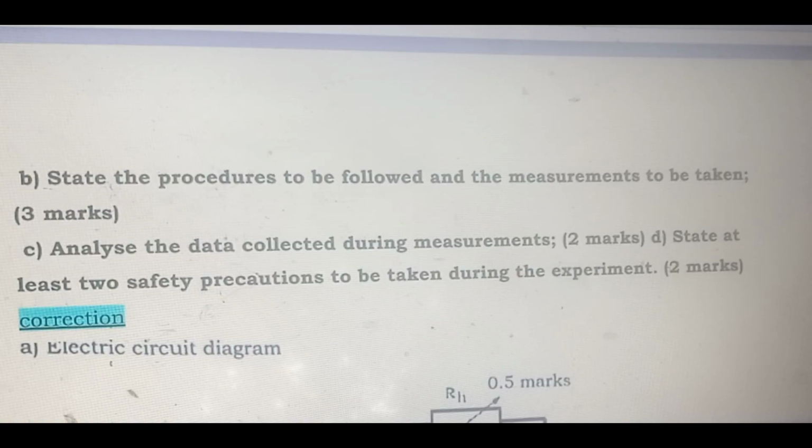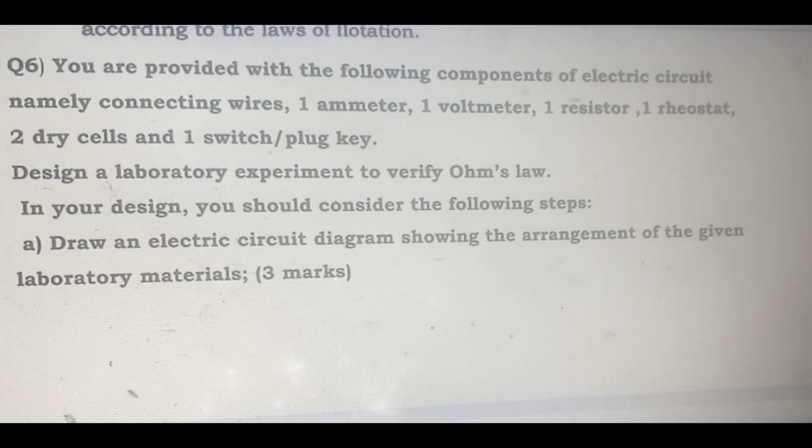This question comes from Ohm's law practicals. It comes from the National Examination of 2024, the National Examination of 2020, 2021, and also 2016. Make sure you understand this unit.